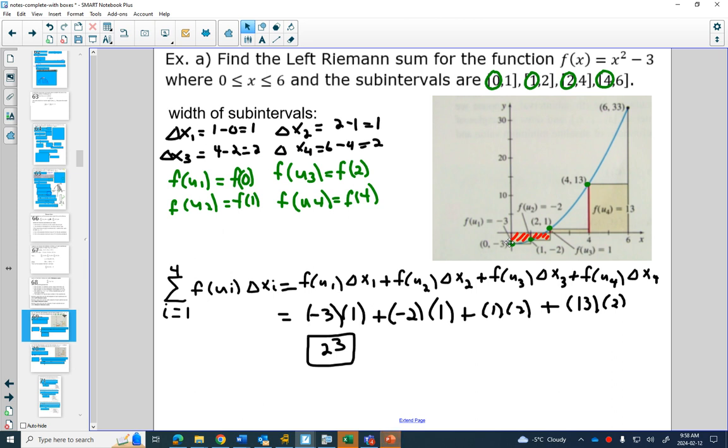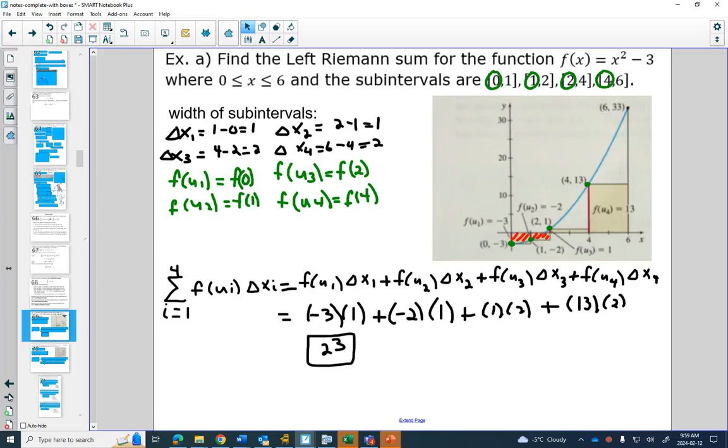Their areas are represented by a negative area because it's below the x-axis, and the other ones have positive areas. So that's a left Riemann sum.